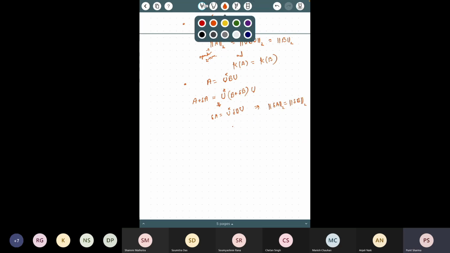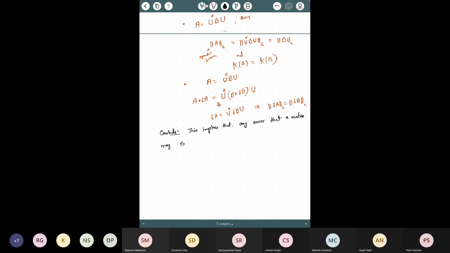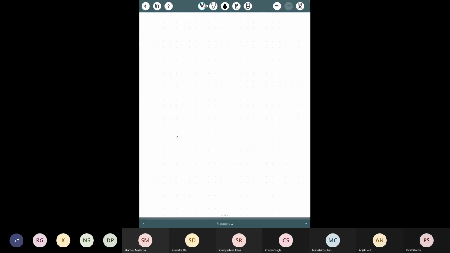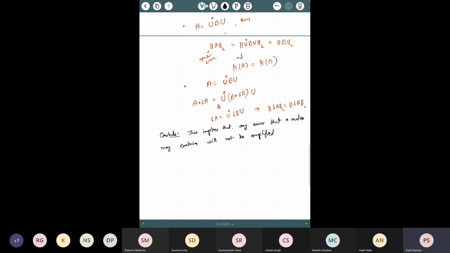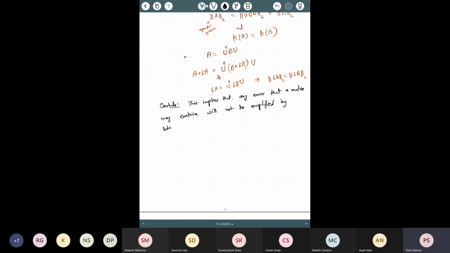So you can conclude from here that any error that a matrix may contain will not be amplified by subsequent unitarily similarity transformation.